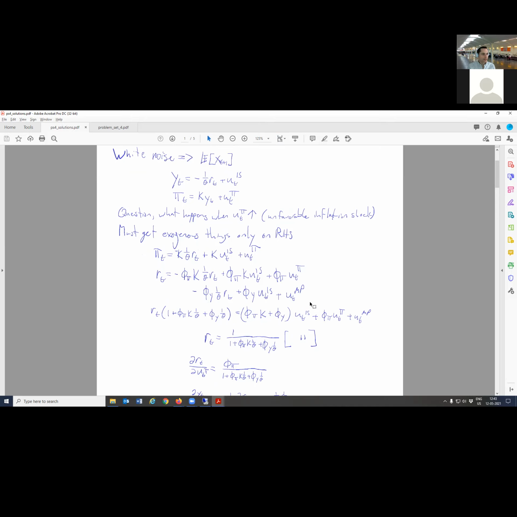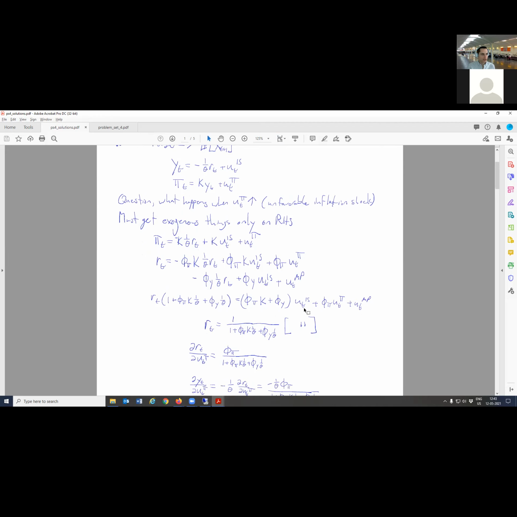Now remember, what's the question? The question says, how does r t change when there's an unfavorable inflation shock? Putting that into calculus notation, that says, what is the partial derivative of r t with respect to u t pi? In this case, I think the partials and the totals would be the same. In any case, we can do that by looking in here.